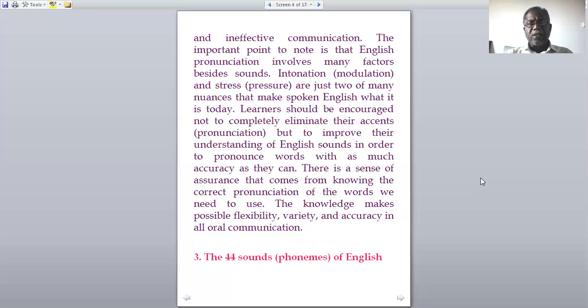Learners should be encouraged not to completely eliminate their accents, but to improve their understanding of English sounds in order to pronounce words with as much accuracy as they can. So the point here is, we need to learn how English words have to be pronounced, so that you get a good image.